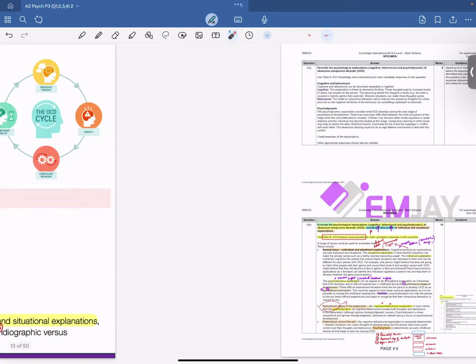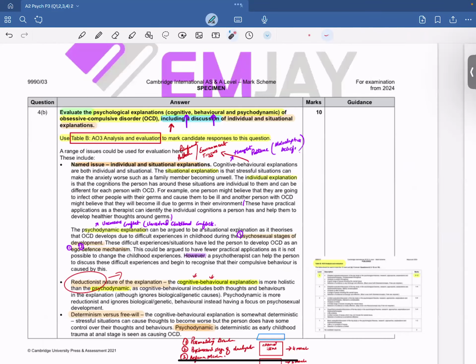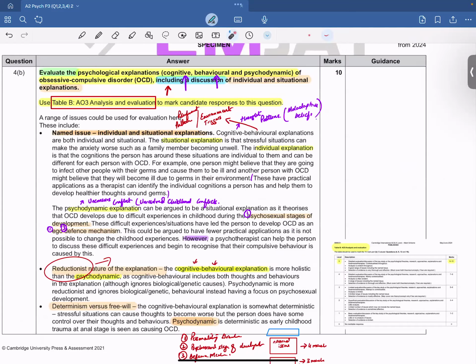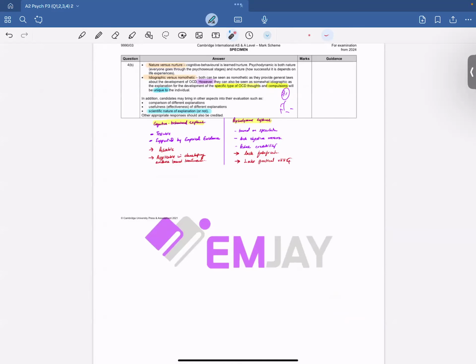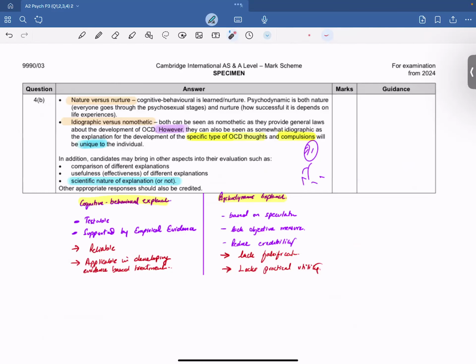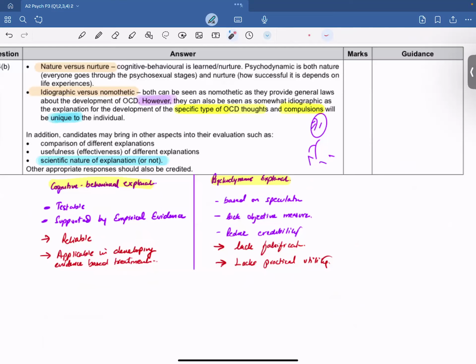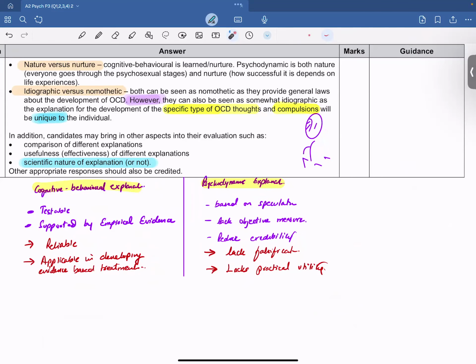But these marking schemes, recently even more, have been published in such an elaborate way, so amazingly done, that all they require is a mere read. And if you've read it well, there's no reason for you to not get it.